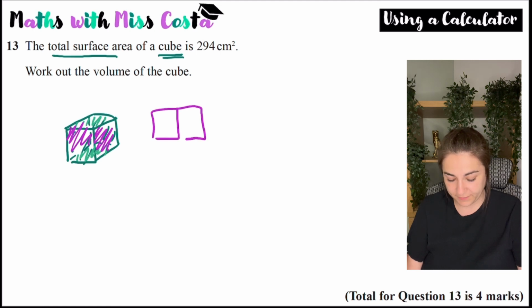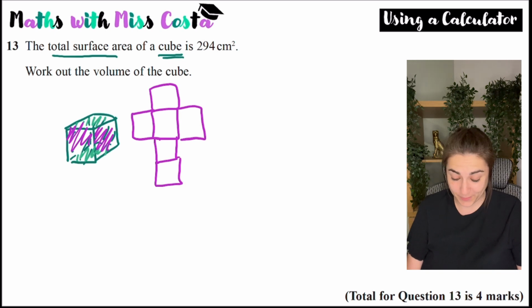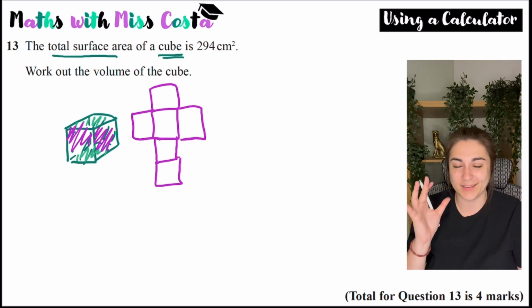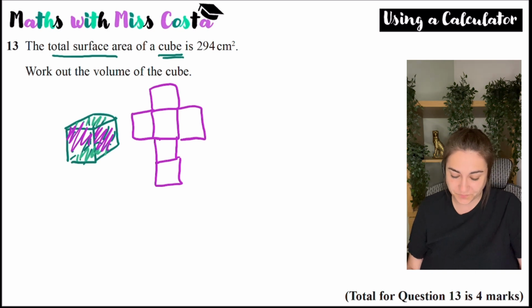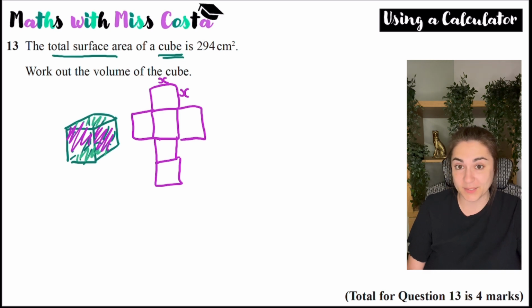So I've got 6 faces. I can draw it in a net, and they are all going to be identical because a cube is a 3-dimensional square. So whatever this length is, this length would be the same as well. So I can just say that that would be x, and therefore the area would be x squared.